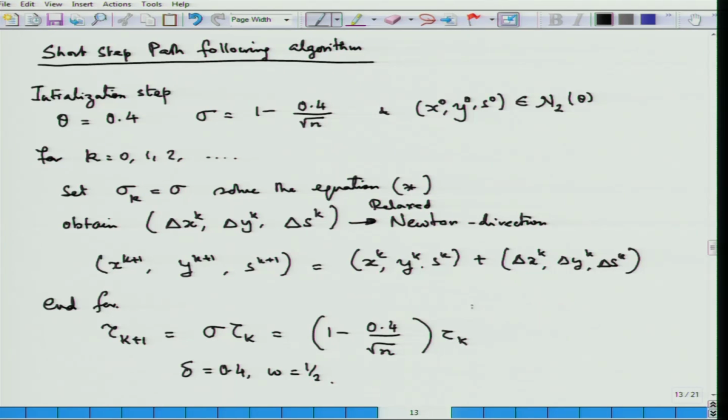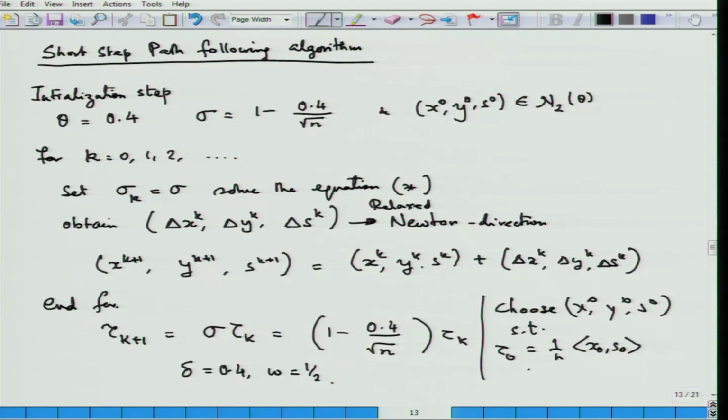So, I just have to choose x naught, y naught, s naught such that tau naught, which is nothing but 1 by n inner product x naught s naught, is less than 1 by epsilon to the power alpha for some alpha greater than 0, where alpha and epsilon are my chosen parameters that depend on what you choose.